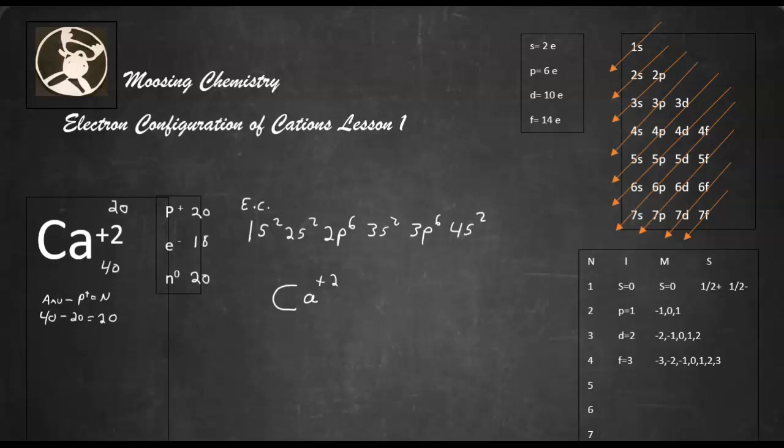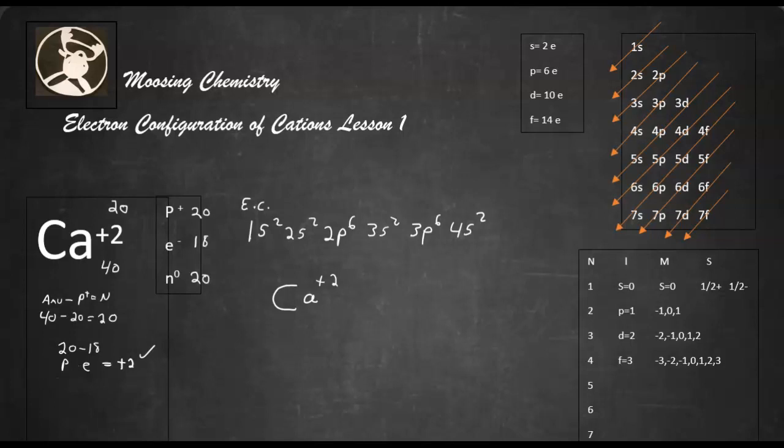If you went 20 minus 18, protons minus electrons, you would get a +2. See that +2? There you go. Wow. Now, what does that mean about the electron configuration?